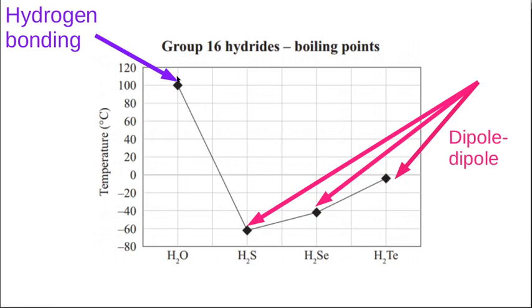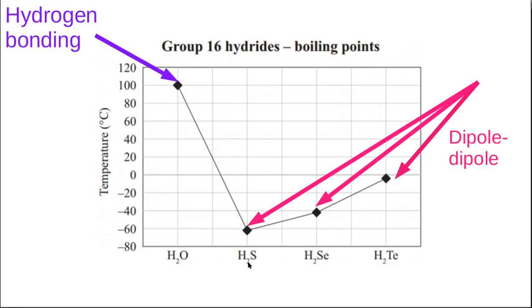And that is because of hydrogen bonding. The electronegativity difference between the oxygen and the hydrogen is so great that water is a permanent dipole, and that means it has a very high boiling point because there are strong intermolecular forces between water molecules.